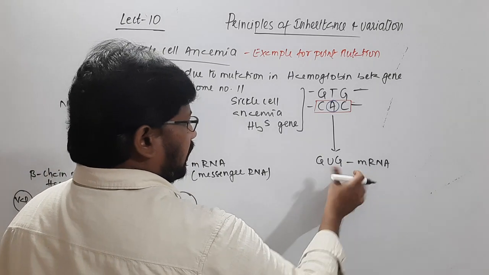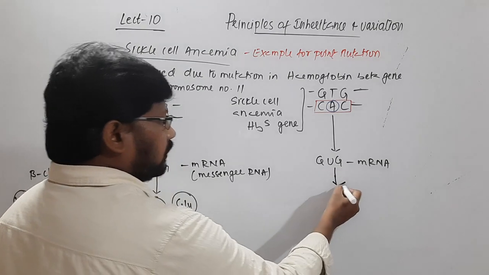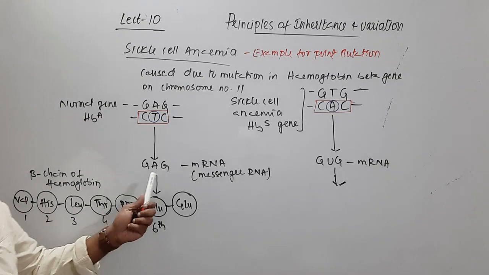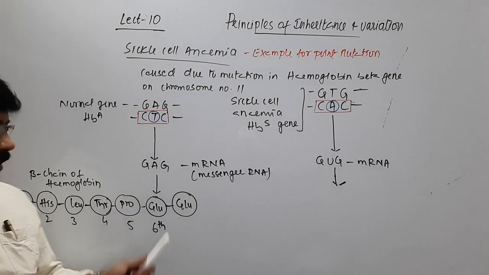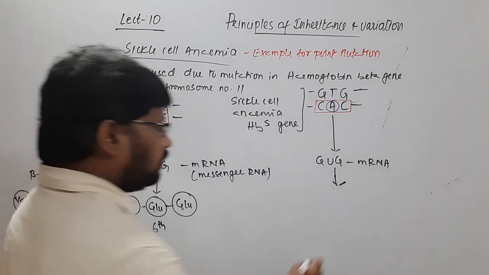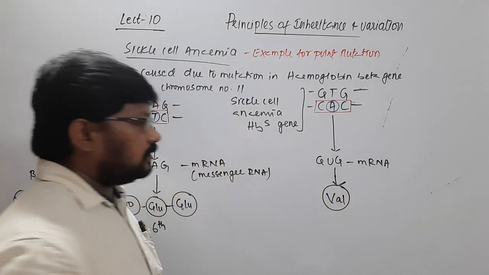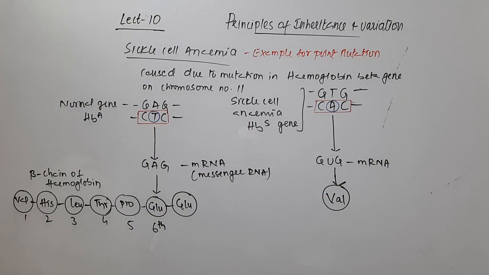So on mRNA, if this undergoes the process of translation, this GUG will not code for glutamic acid. In fact, it will code for valine. So you can see there is a change in the amino acid.